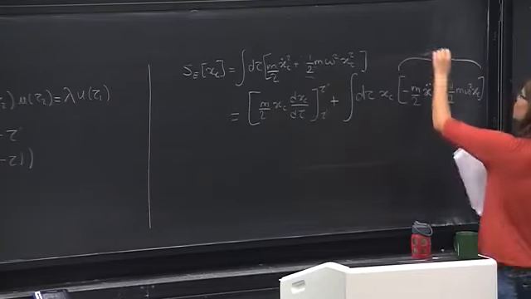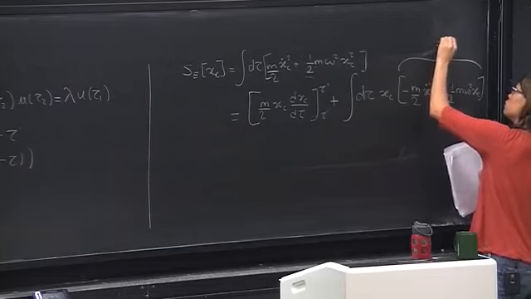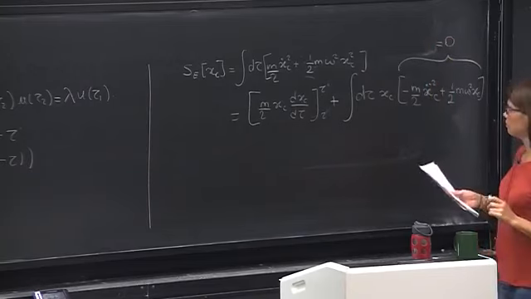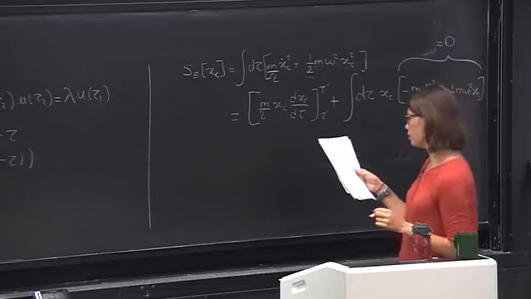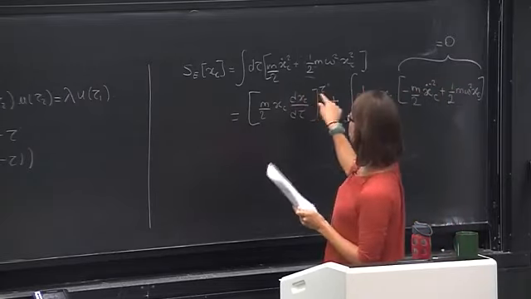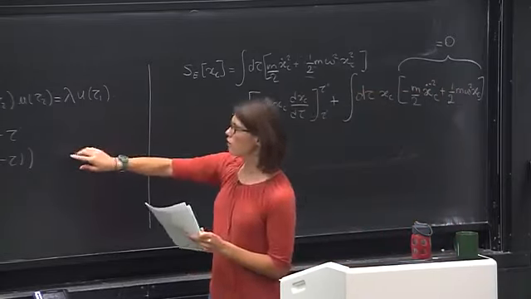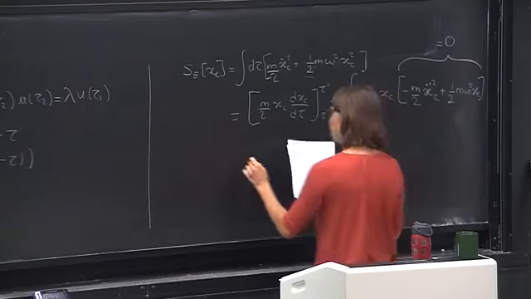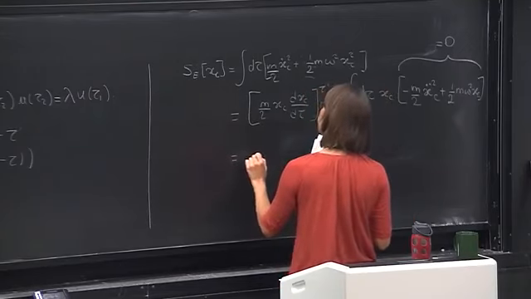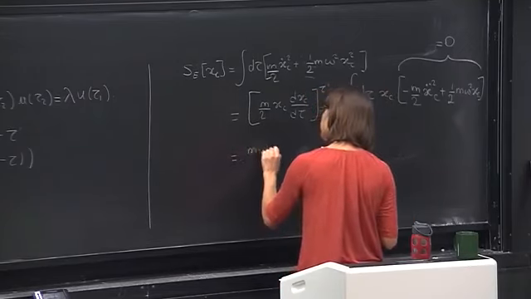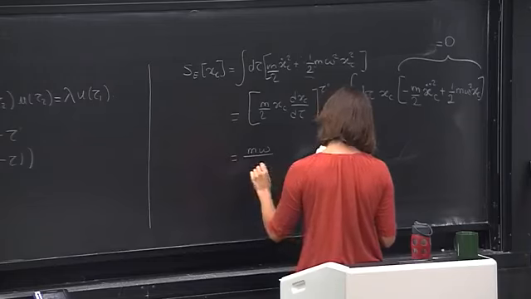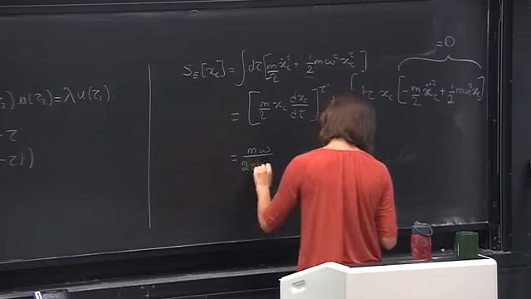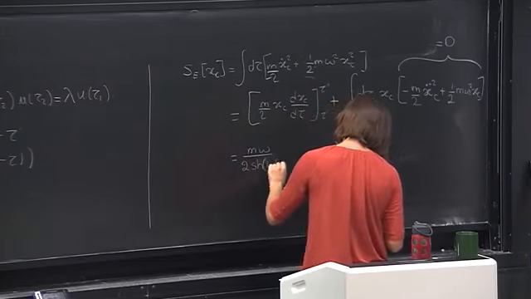Since we are interested in the classical solution, by definition this is equal to 0. Okay, so we just end up with this term, and it's very simple to just use this solution evaluated at the different points. Of course you need to compute the first derivative, but this simplifies the calculation a lot.